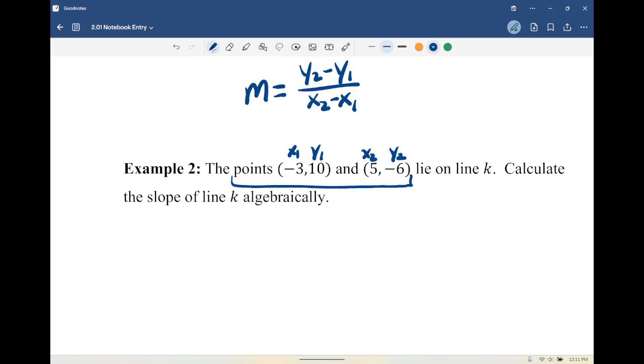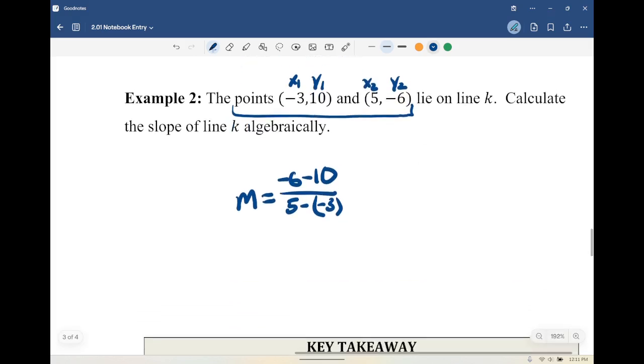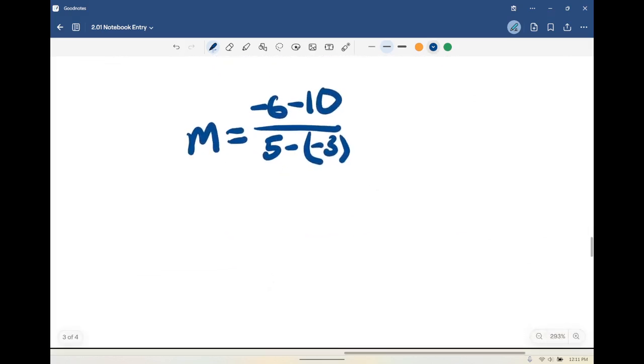And so m is going to be equal to, okay, y2, negative 6, minus y1, 10, over x2, 5, minus x1, negative 3. Be really careful with parentheses, please. I'll move this up. Parentheses can make or break us setting up slope because, everybody, a double negative is really a what?